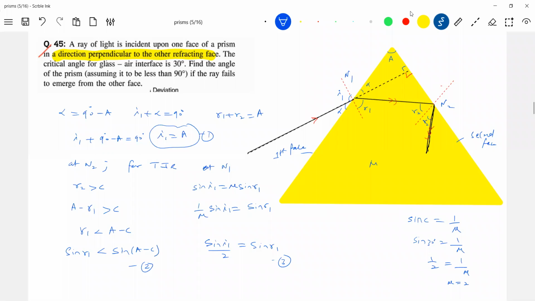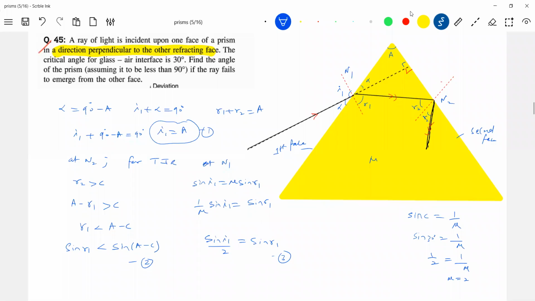So substituting and solving 1, 2, 3, this should be equal to sine of A by 2 should be less than sine of A minus C. Inverted value finally: cot A less than root 3 minus 1. Cot A should be less than root 3 minus 1. Okay, this will be our answer.